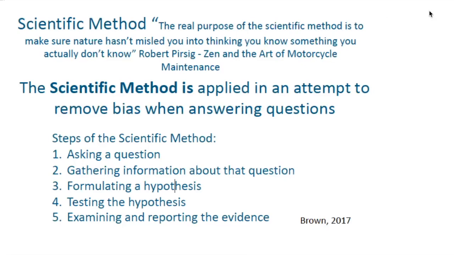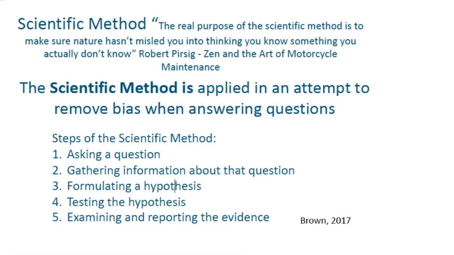The reason we use the scientific method is to make sure, and here's a good quote, that nature hasn't misled you into thinking that you know something you actually don't know. If you've ever read Zen and the Art of Motorcycle Maintenance, there are a few key quotes that are helpful in this world, and that's one of them. We apply the scientific method to attempt to remove bias when we're answering questions.